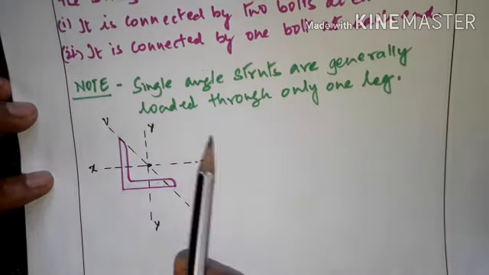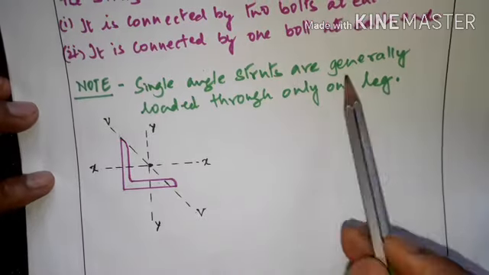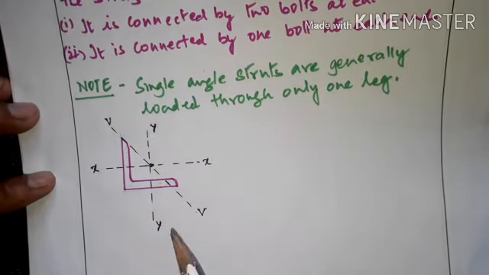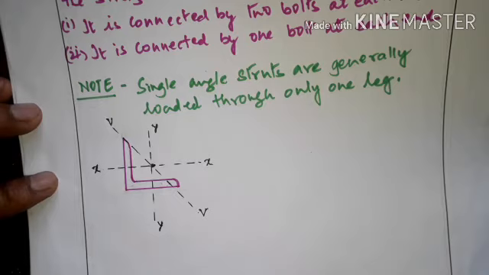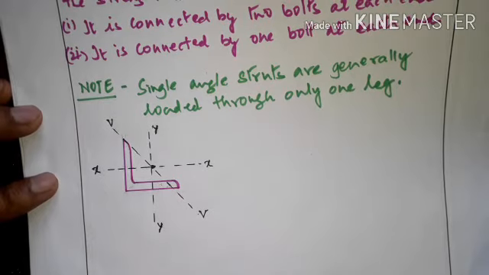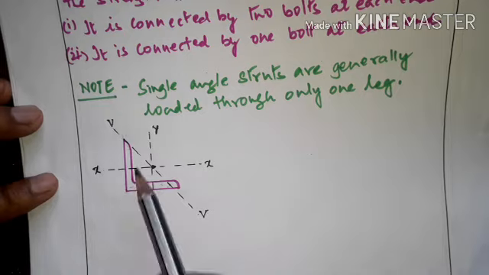So that's why I have given a note: single angle struts are generally loaded through only one leg, because the single angle section is unsymmetrical about the horizontal axis or vertical axis. So we have to apply a load through any one leg, which becomes an eccentrically loaded connection. That time it will bend about the principal axis.